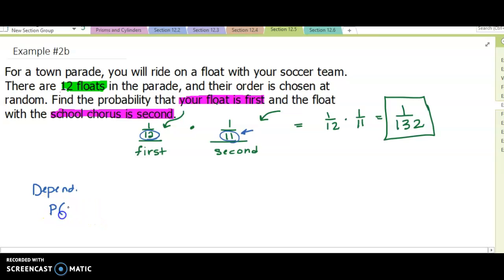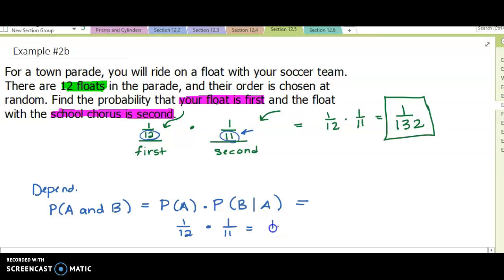So I can say the probability of A and B is the probability of A times, they're dependent, so it'd be the probability of B given A. So the probability of us is 1 out of 12. Probability of B given A is 1 out of 11, so 1 out of 132. Once again, order here matters. We want us to be first and them to be second.